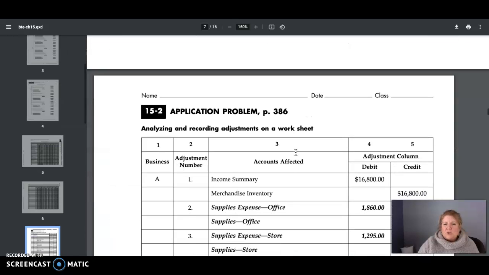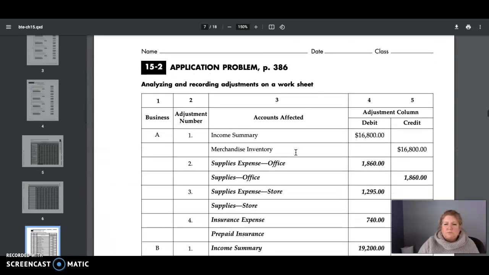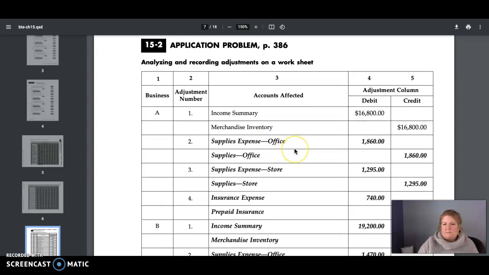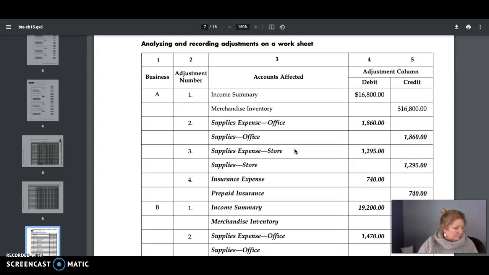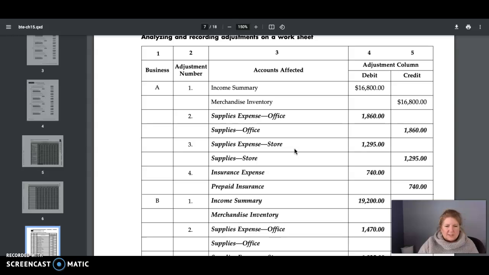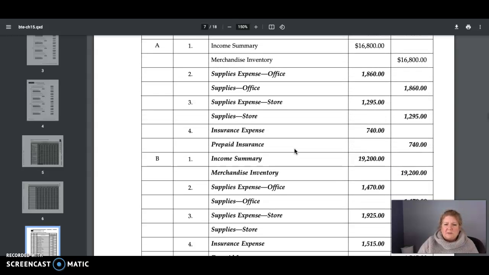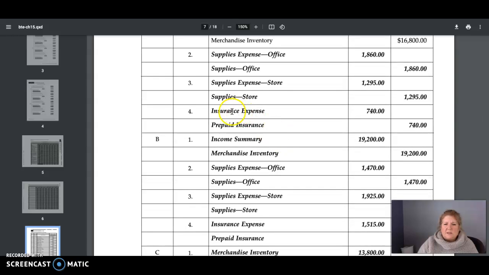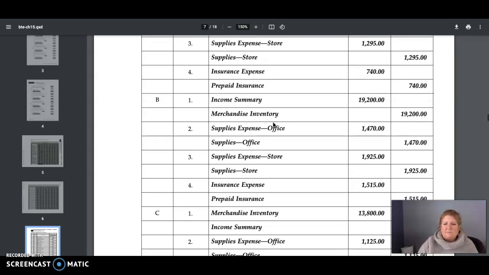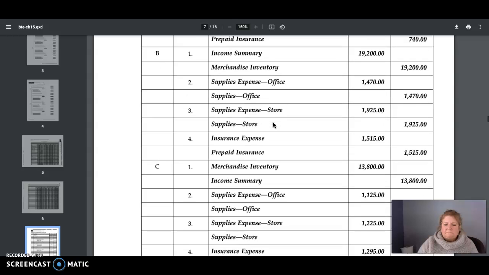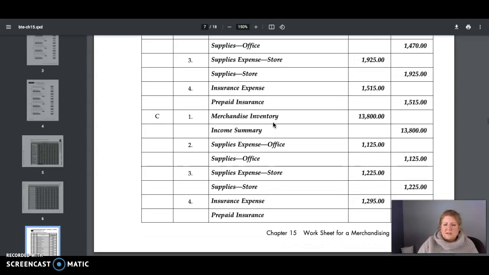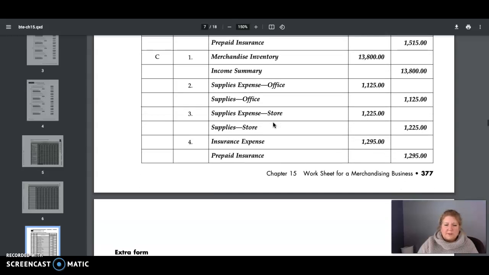In 15.2, it asks you to calculate all of your adjusting entries. So here's the amounts, what accounts get debited, what accounts get credited. You can stop this at any time to check your work.